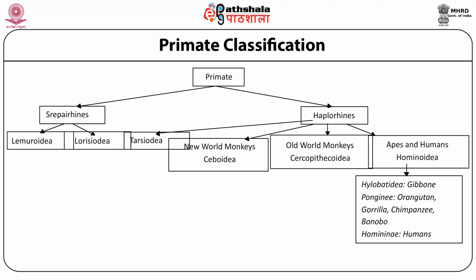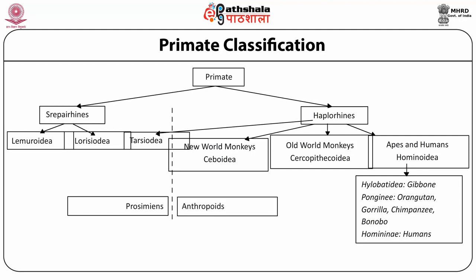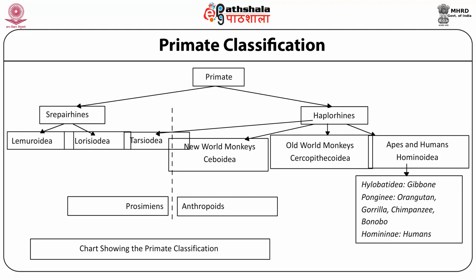The position of Tarsioidea is a little bit confusing, that's why it was placed between haplorhines and strepsirrhines. As discussed in the earlier classifications, the prosimians were somewhat similar to Lemuroidea, Lorisoidea and Tarsioidea, and anthropoids include New World monkeys, Old World monkeys and Hominoidea.